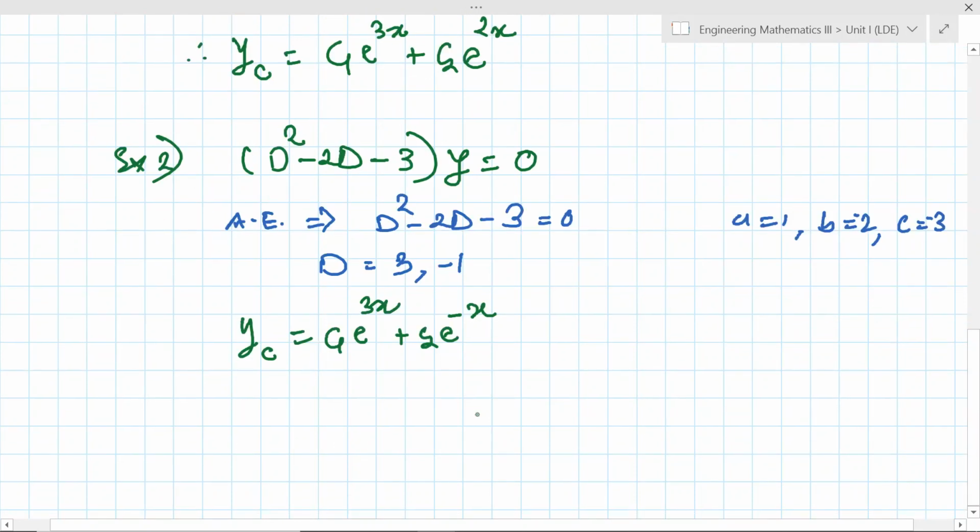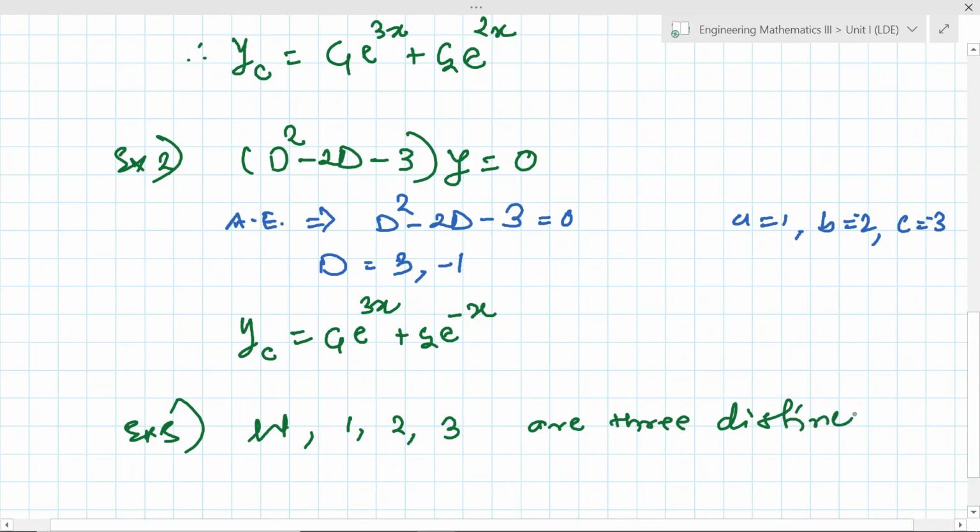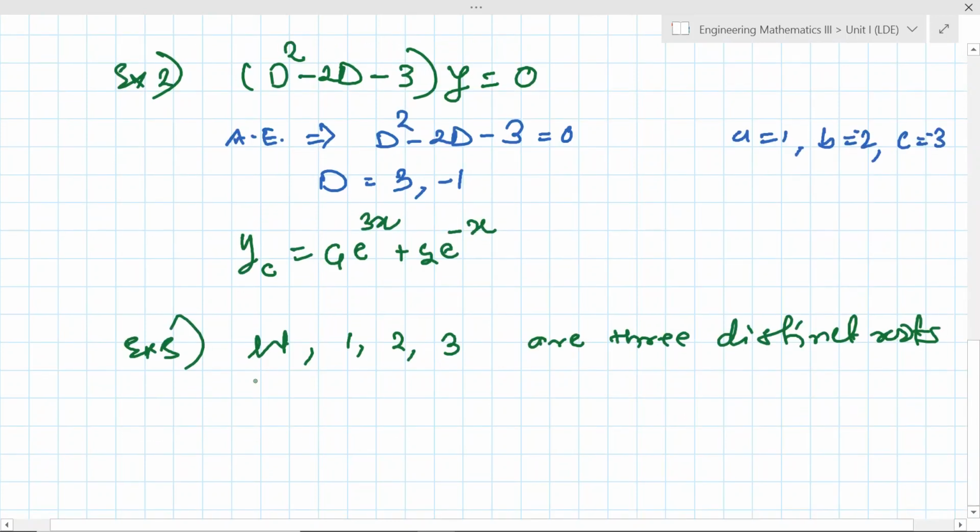Okay, suppose for the next example we take 1, 2 and 3 as the three distinct roots. What is my complementary function in this case?